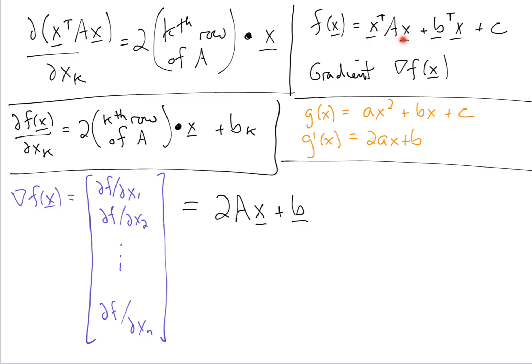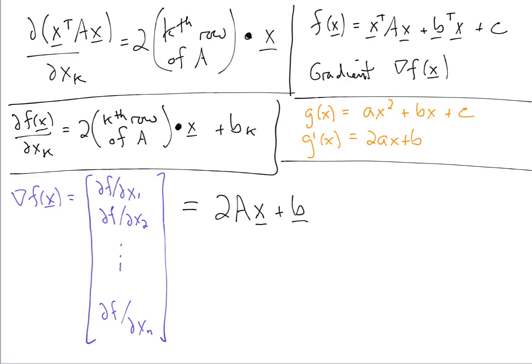X transpose Ax is the vector calculus version of a constant a times x squared. The difference is you have a matrix of constants, and your quadratic becomes this quadratic form. Your linear term is a dot product. And then you still have this intercept, this constant here.